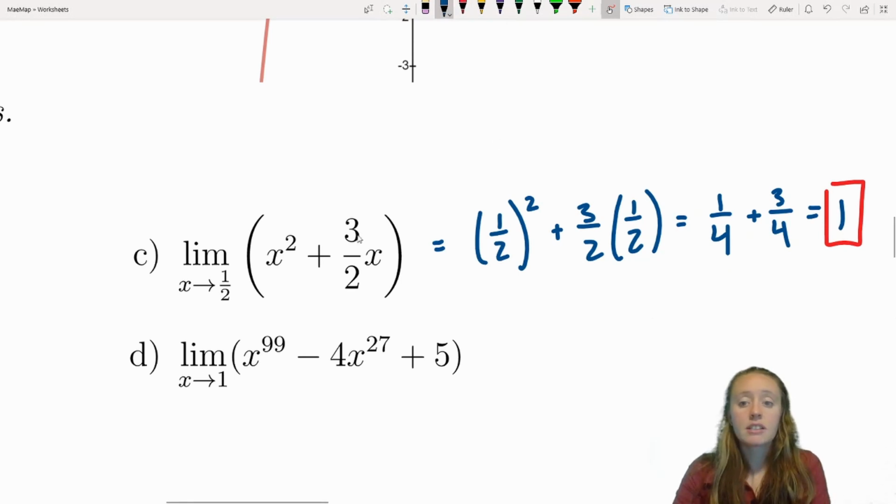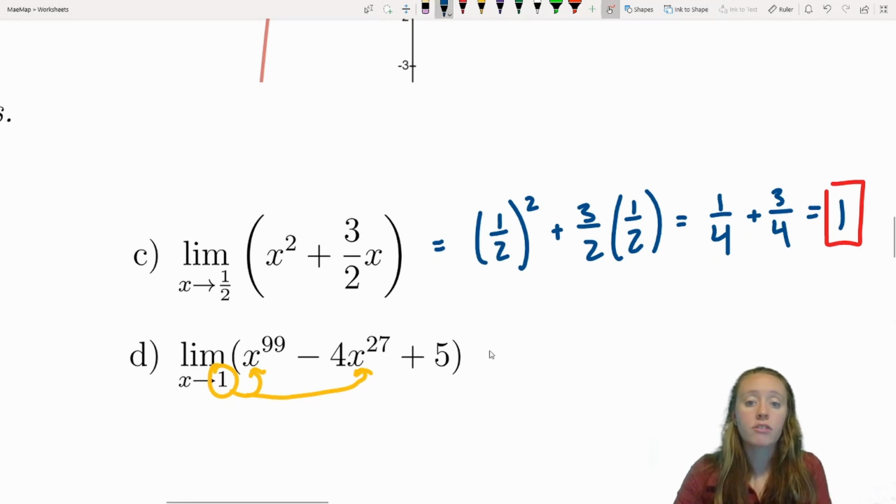And lastly, D, I have the limit of x to the 99th minus 4x to the 27th plus 5. And I'm finding the limit of that function as x approaches 1. So I'm taking 1 and plugging it in for x.